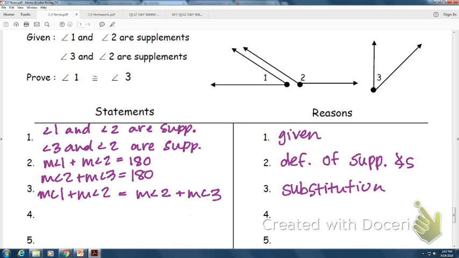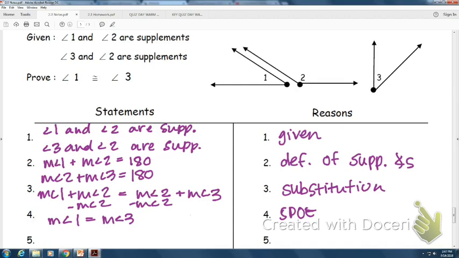So better yet, how can I get rid of the measure of angle 2? Subtraction. Very good. If I subtract the measure of angle 2 from both sides, I'm left with the measure of angle 1 is equal to the measure of angle 3. What was my reason? Subtraction property of equality. Very good. Now I have the measure of angle 1 is equal to the measure of angle 3. So what can I say?